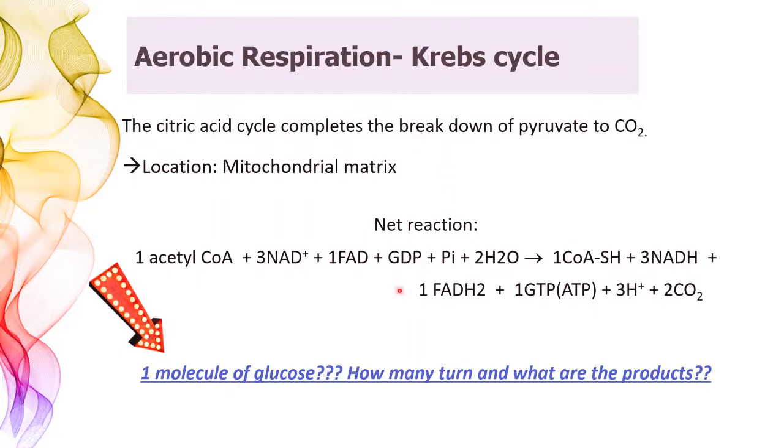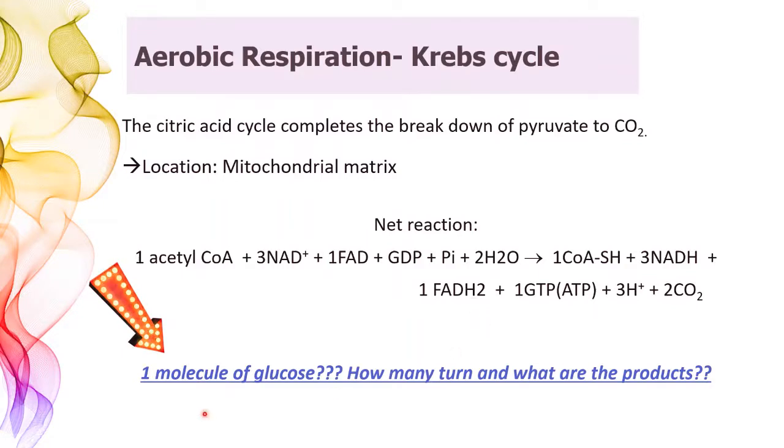Based on the net reaction of Krebs cycle, one molecule of acetyl-CoA will produce 3 NADH, 1 FADH2, 1 ATP, and also 2 carbon dioxide. This NADH and FADH2 will then need to enter the electron transport chain. In the electron transport chain, both NADH and FADH2 will undergo oxidation to generate ATP production.